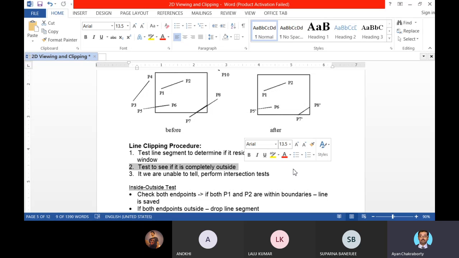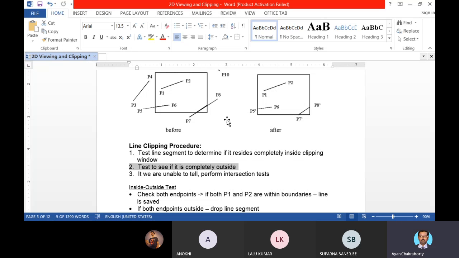So how can we test this? Test to see if it is completely outside. When we have two endpoints of a line in our hand, and we have all the four axis points of that particular clipping window.